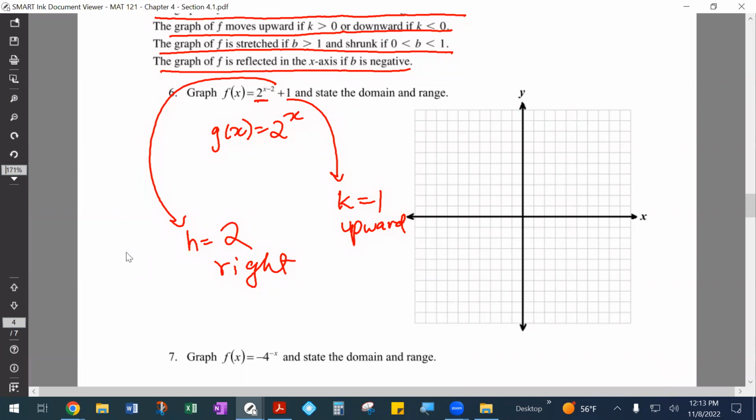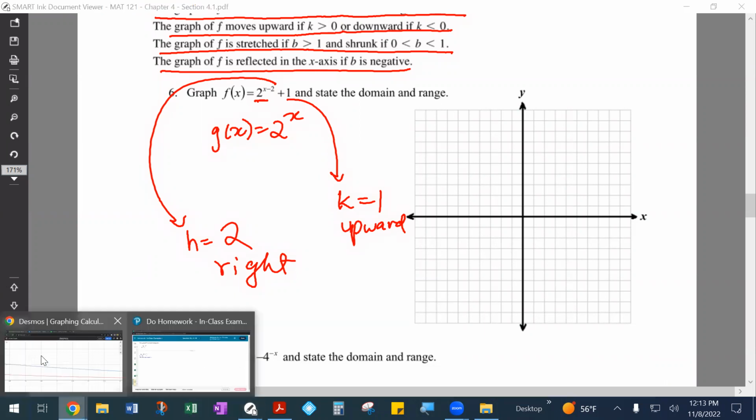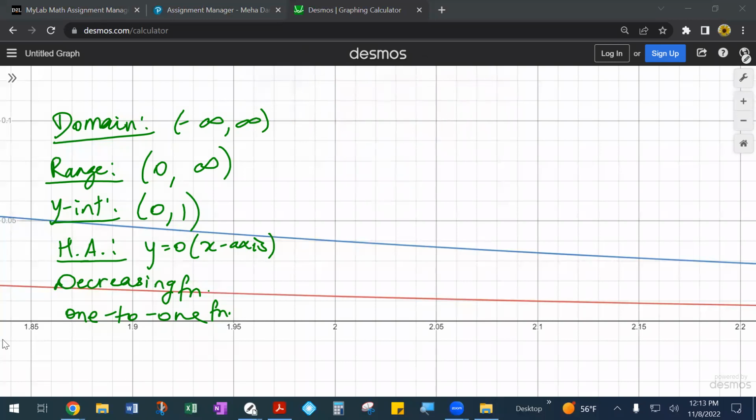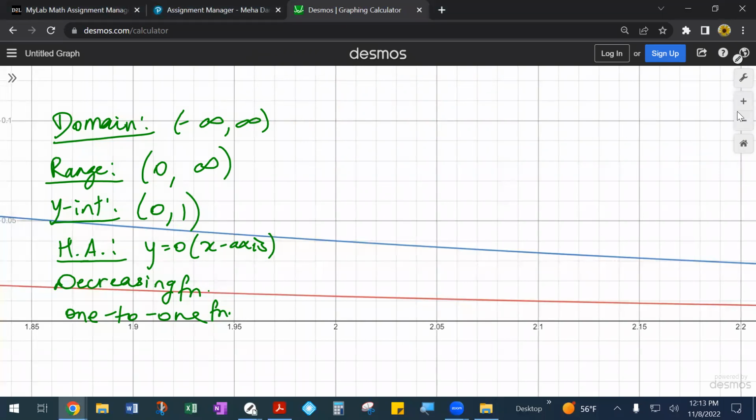So let's take a look at this in Desmos. I'm actually going to leave this stuff here in green so we can do a little bit of comparison. All right, so let's start out with our base function of 2 to the x.